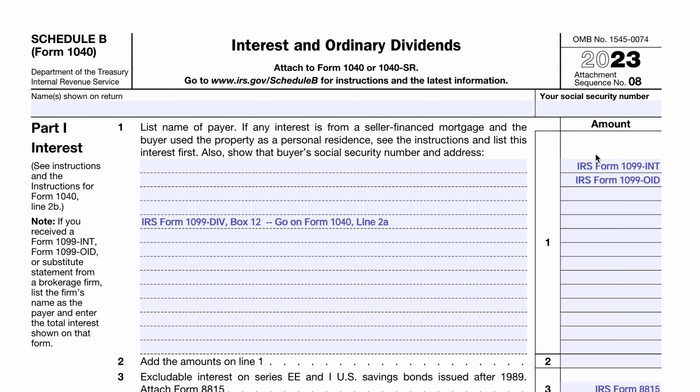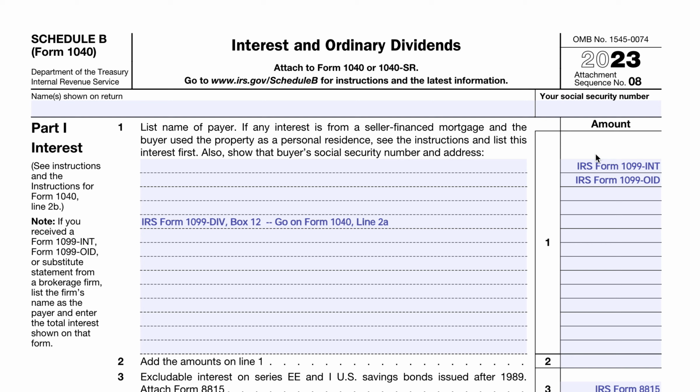As a real quick pause, original issue discount would be a bond that was issued at a face value, but you bought it for less than that face value, and then over time, as years go by, the interest accrues. So it might say $100 on it, but it's really only worth 50 or maybe 75. So that would be an original issue discount bond.